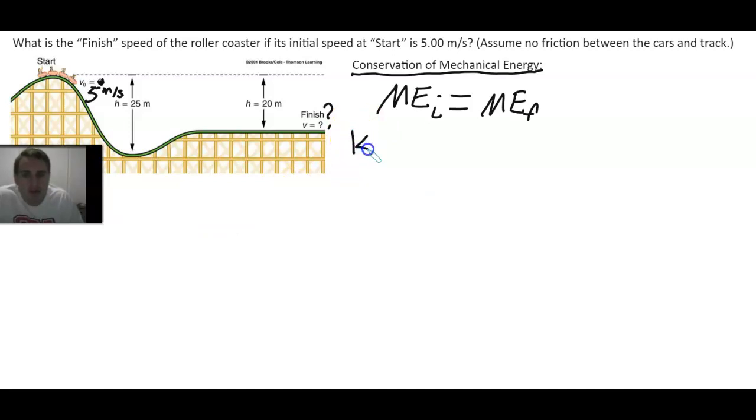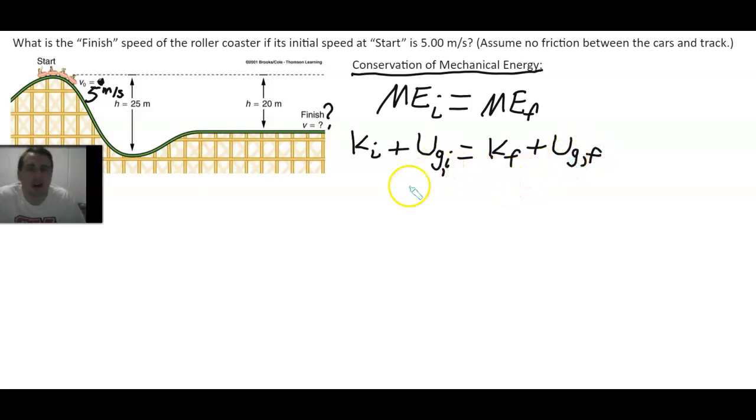The initial kinetic energy plus the gravitational potential energy initial is equal to the final kinetic energy plus the gravitational potential energy final. So this is exactly the conservation of mechanical energy for this problem.